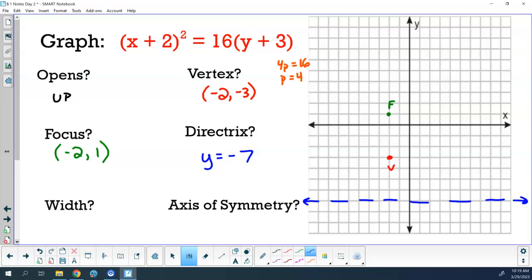The width of this parabola is 16. That's that 4p number. So that's 8, 2, 4, 6, and 8. 2, 4, 6, and 8. That then allows me to draw it in.